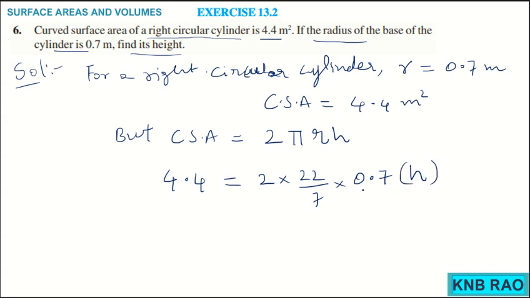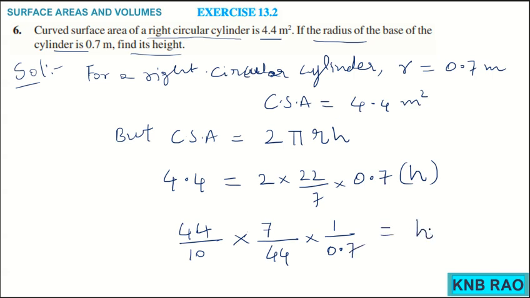Now on transposing these things, 4.4 can be written as 44 by 10 into 7, which comes to the numerator. This 2 into 22, which is 44, will come to the denominator, and 0.7 will also come to the denominator as 1 upon 0.7, equals height h.